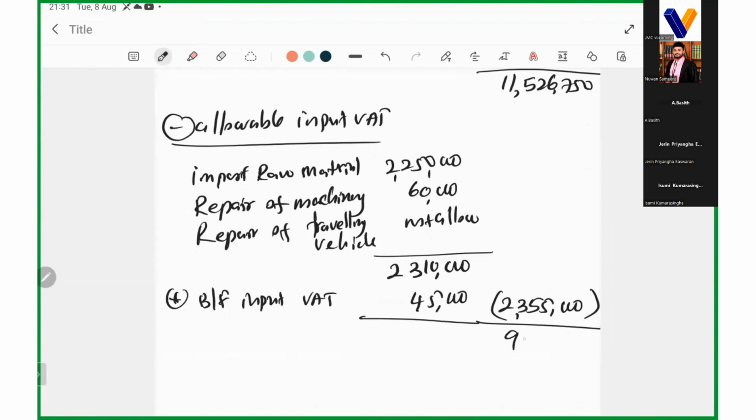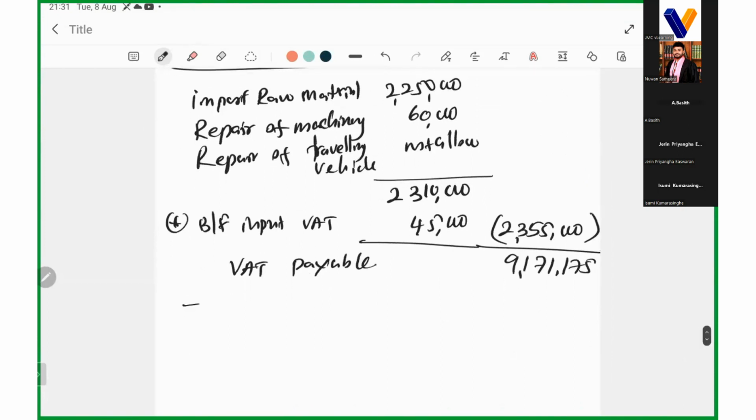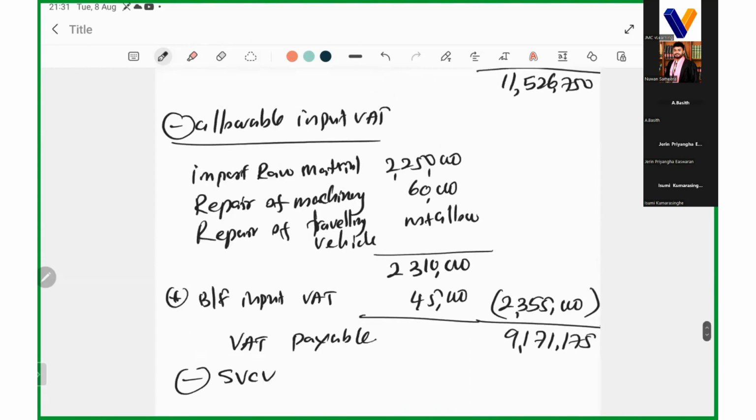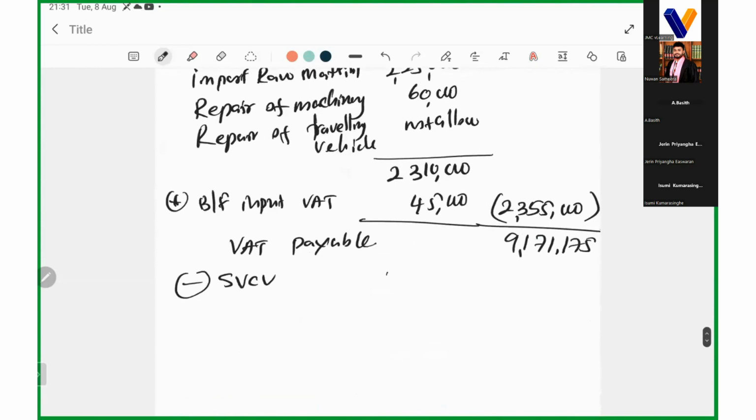Here you can see 9,171,175. Here VAT payable. You can deduct the SVAT credit voucher collected. How much? We have already taken that, 4.5 million. Yes, sir, I told you it will not be received in cash, right? So 4.5 million, and the installment paid, how much?